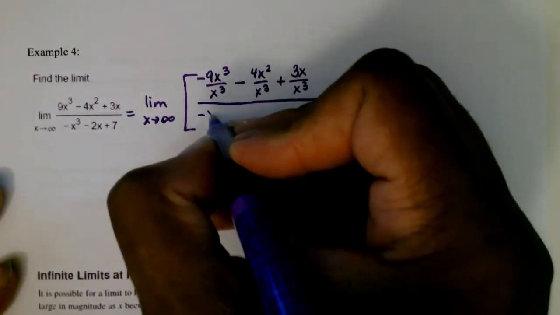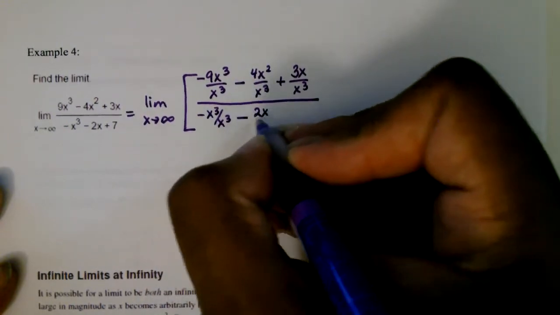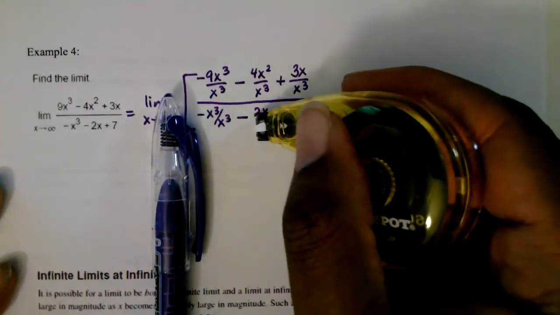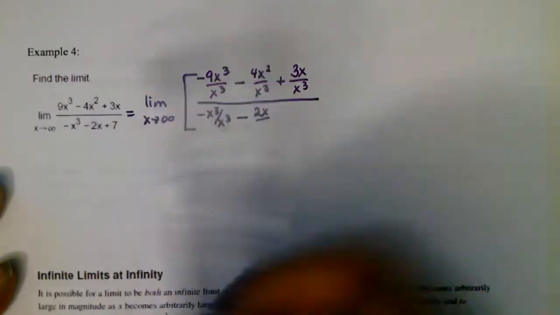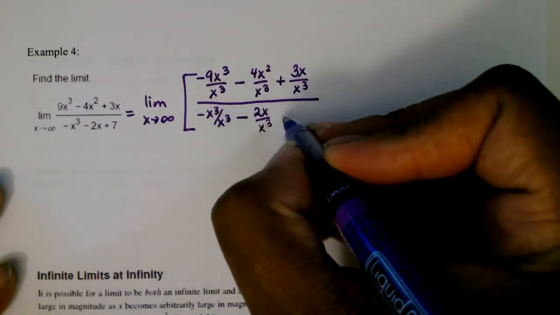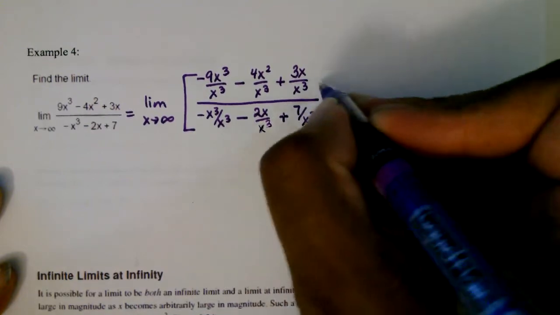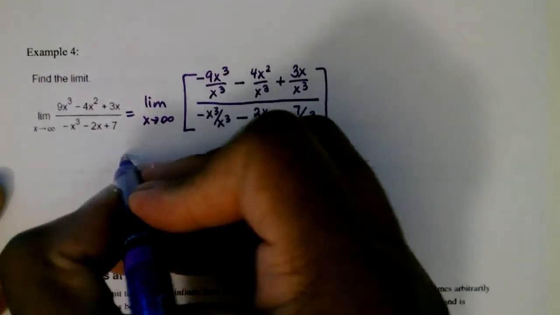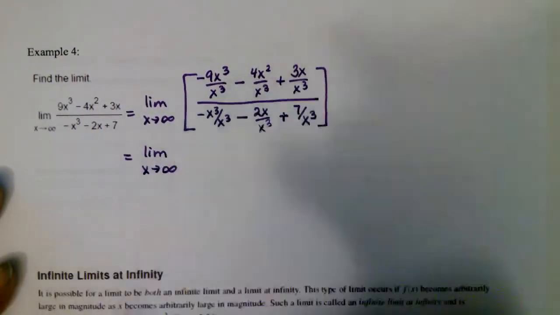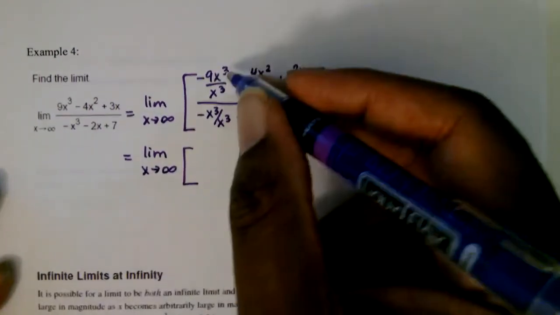Then the denominator, well, negative x cubed will be divided by x cubed, minus 2x will be divided by x cubed, because x cubed is the highest exponent there in the denominator, and then the 7 will be divided by x cubed. Now the limit as x approaches infinity. Now let's simplify all of this.